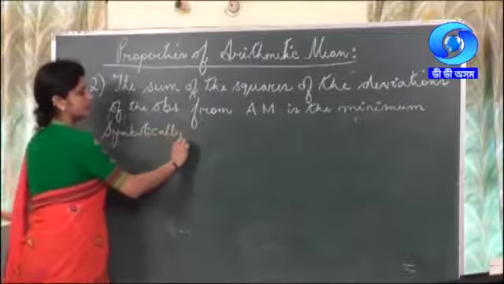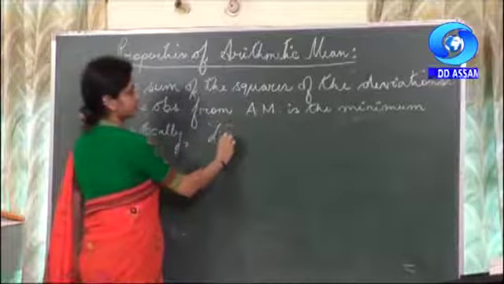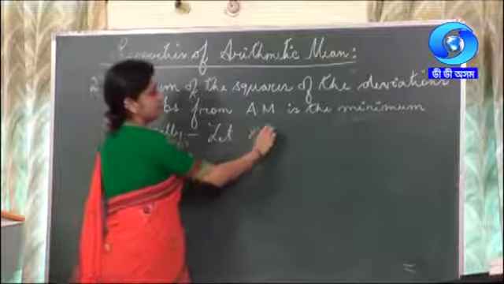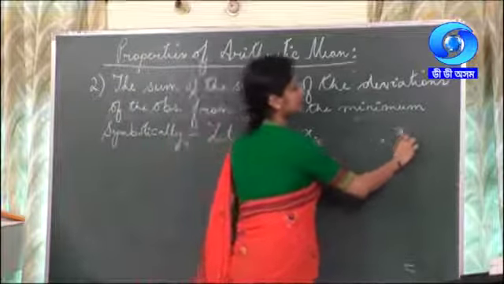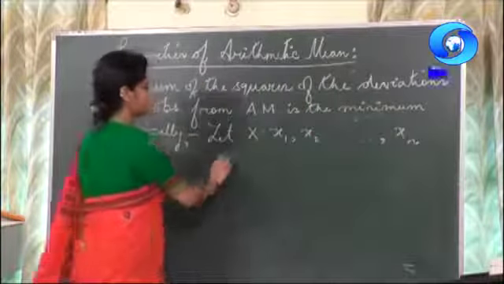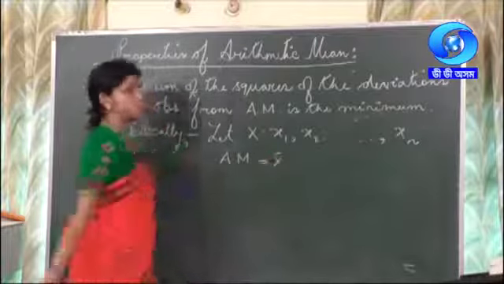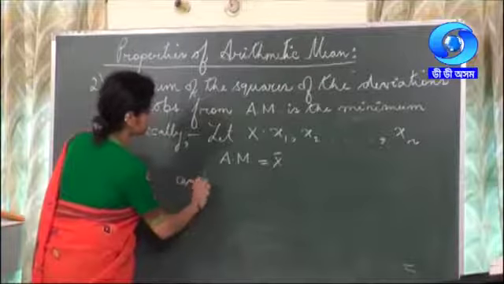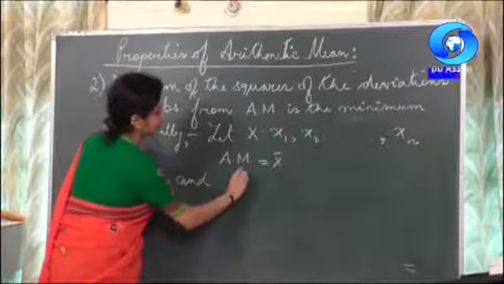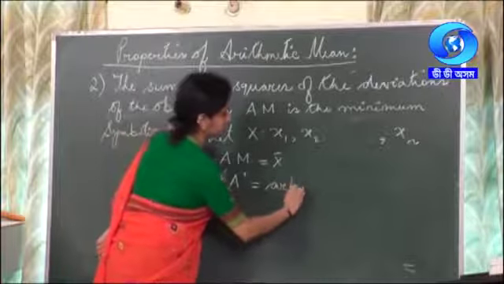Symbolically, again, just like the previous property, let x be a variable taking values x1, x2, etc. up to xn, and let their arithmetic mean be denoted by x bar. And now we shall also consider a, which is an arbitrary constant.